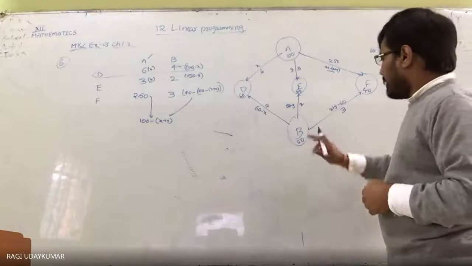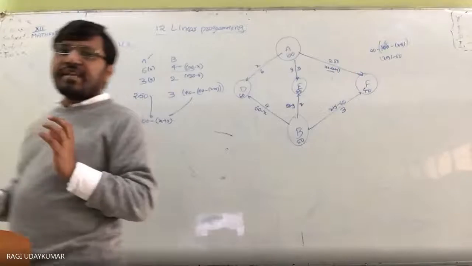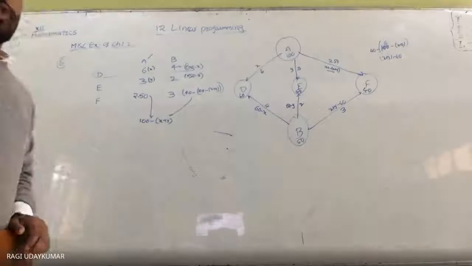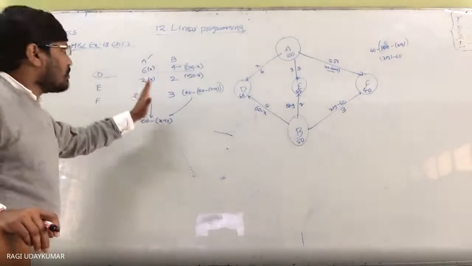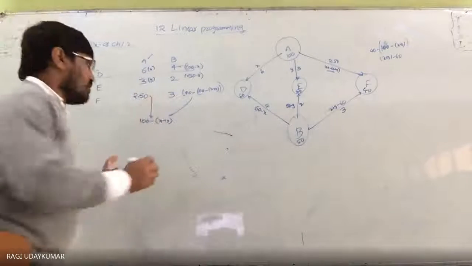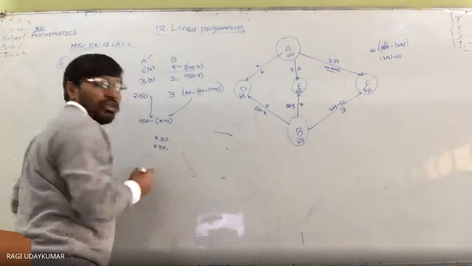Okay, if you see here, these all the things whenever you observe, every quantity should be in a positive way. Every quantity should be positive. So x whatever we are getting should be positive. So x greater than or equal to 0 होना है, y greater than or equal to 0 होना है.